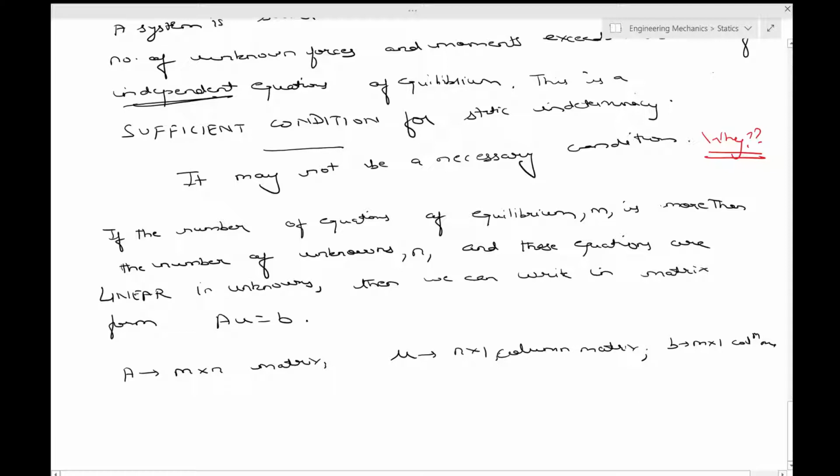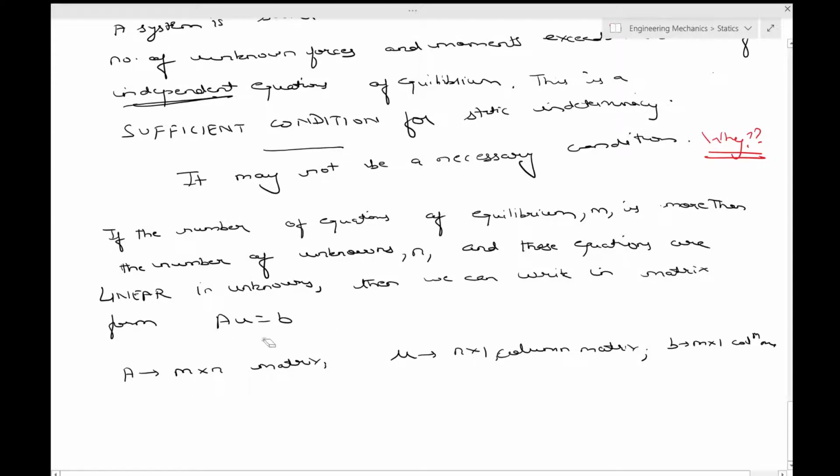Those sort of things have to be done, but the construction of that is what you have to be confident about in this course. To solve it, perhaps you will learn it in other courses, and definitely you will, but you should be able to construct that system AU equal to B using the knowledge over here.